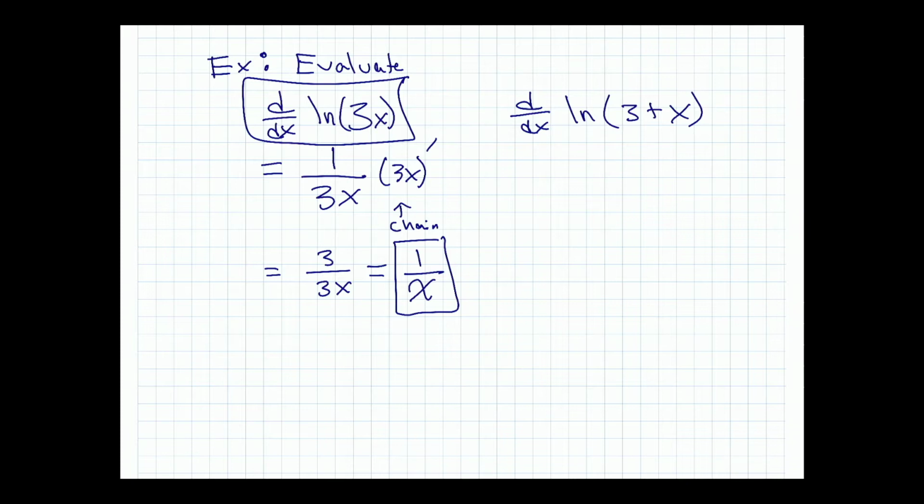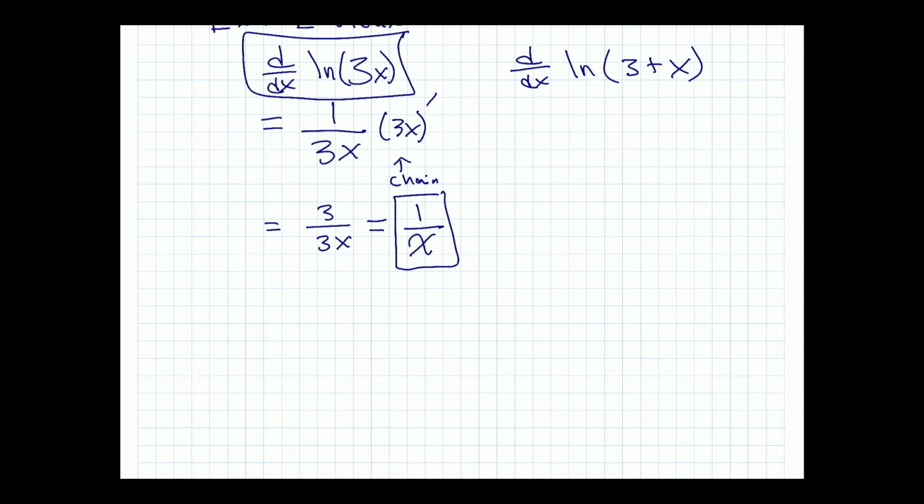Now that's confusing to people. People screw that up a lot. Why does it work out that way? The reason is you have to think in terms of the rules for logarithms. We could have done this differently: using the log rules, you can split up a multiplied logarithm like that into natural log 3 plus natural log x.